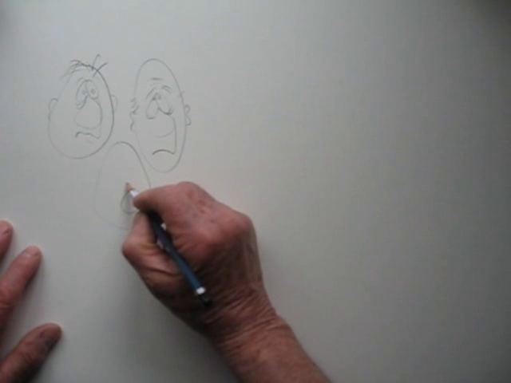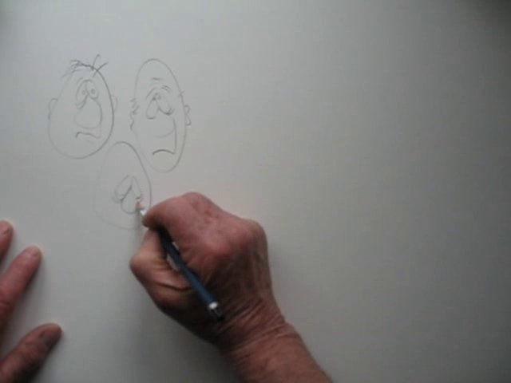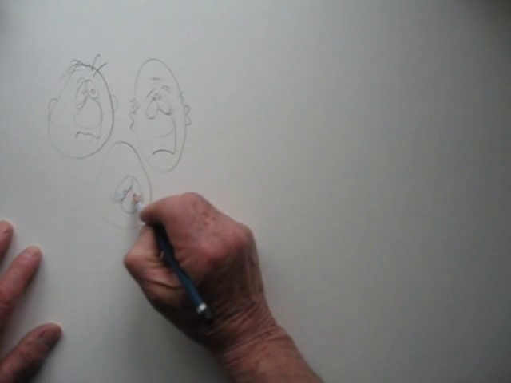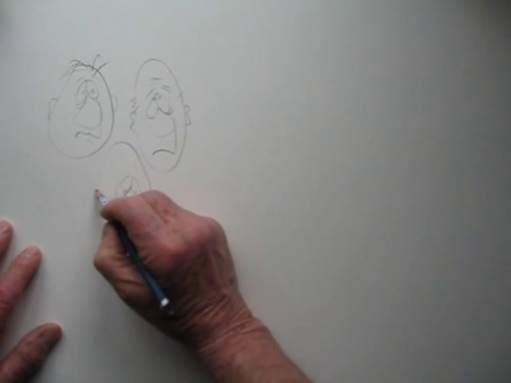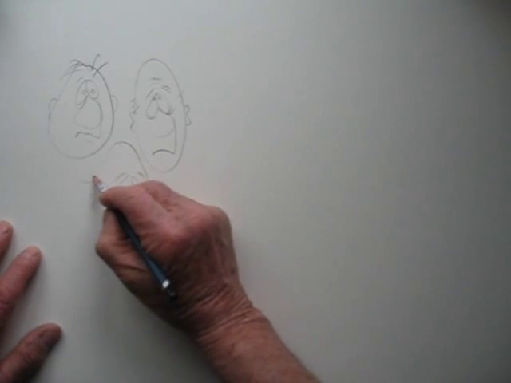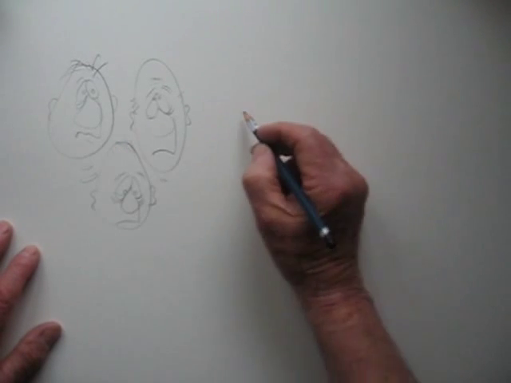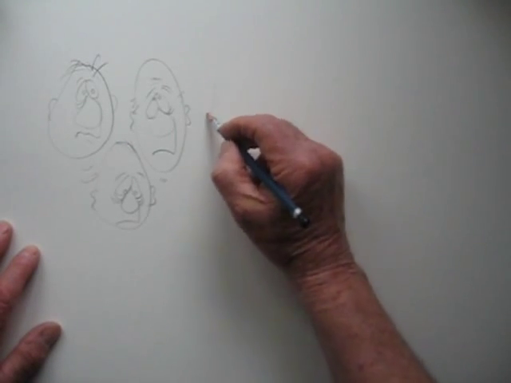and to denote sadness in any cartoon, normally the mouth is downturned, looking glum, and the other thing to look for is the eyes. You can get different expressions just by where you put the eyes.